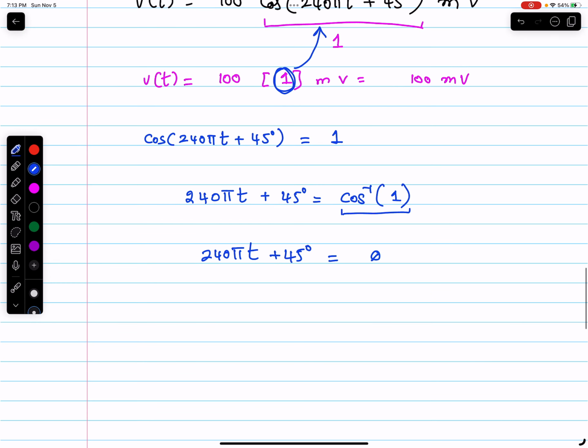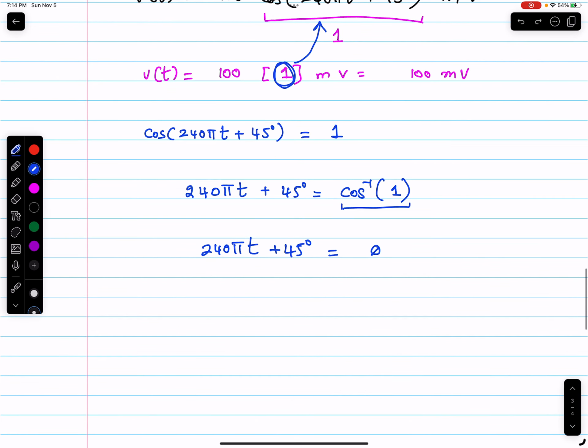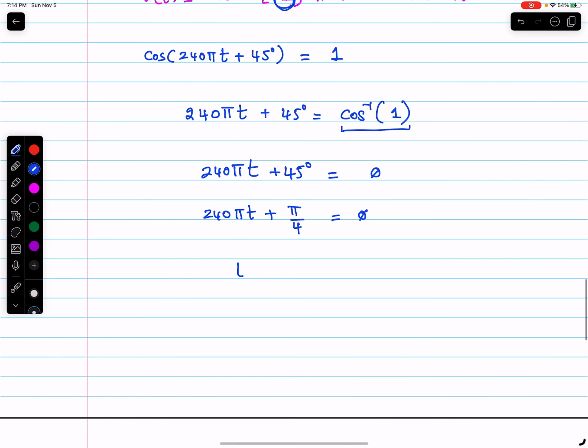Now, from this we should be able to calculate t. Let me express this in radians first. 240 pi t plus 45 degrees, which is pi by 4 radians, all of that equals 0. Now t should be, take pi by 4 to the other side, negative pi by 4, divided by 240 pi.